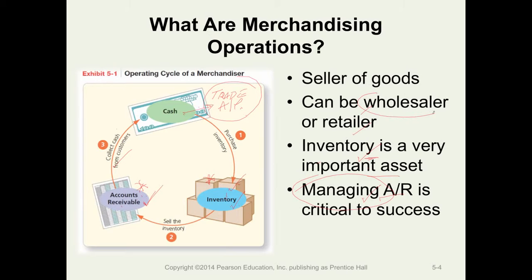Now, a wholesaler, just to differentiate, will sell merchandise to a retailer. So there are many, many companies that you don't hear about because they sell their goods to another company for sale. They don't have their own stores.